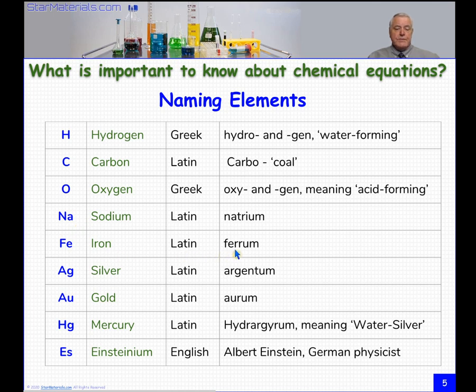Iron, ferrum, Fe. Silver and gold, again Latin, Ag, Au. Mercury, Hg, meaning water silver. That's the metal that's liquid at room temperature. And then we get some of the newer ones, Einsteinium, Es, for Einstein.